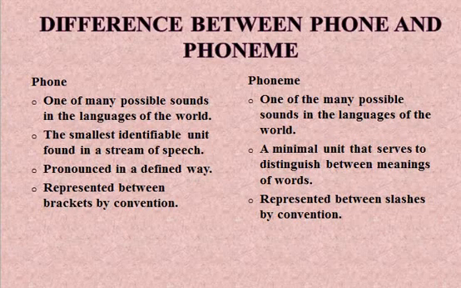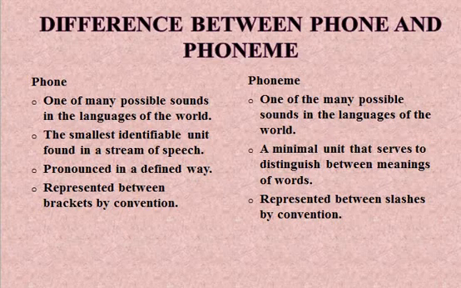Here is the difference between phone and phoneme. A phone is one of many possible sounds in the languages of the world. A phone is the smallest identifiable unit found in a stream of speech.